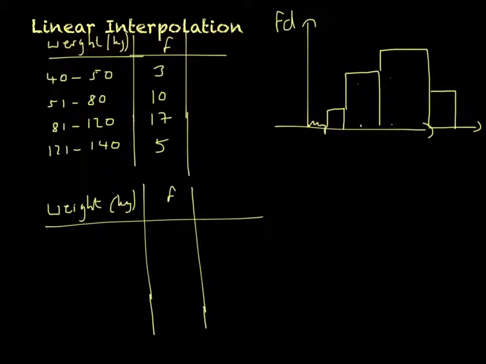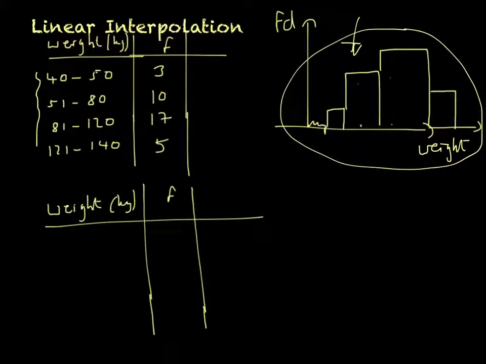Now, because what we have here is essentially a histogram, so frequency density versus our weight here, which has been put in terms of kilograms, and they've been rounded to the nearest kilogram. What we have is this step, 40, 50, and then 51. So at the moment, this is not a continuous table. This histogram here can't be represented by this table at the moment.